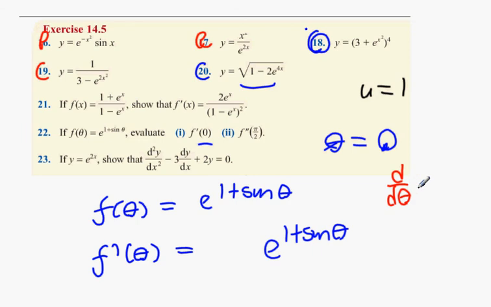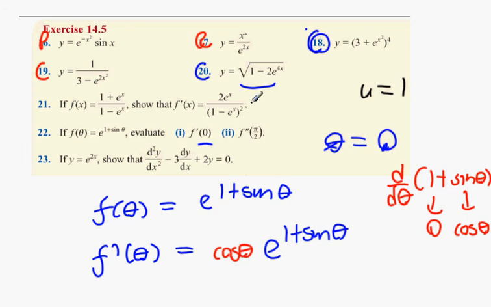Now, when you're differentiating the power, what is 1 plus sine theta when you differentiate it, Connor? What does 1 differentiate into? Sine theta gives cos theta. Okay, so it's going to be cos theta e to the 1 plus sine theta. And now I ask you to replace theta with 0.